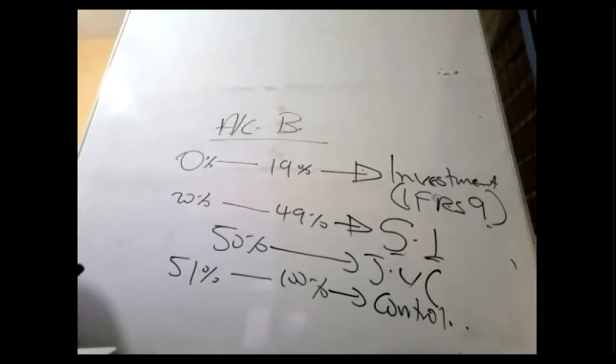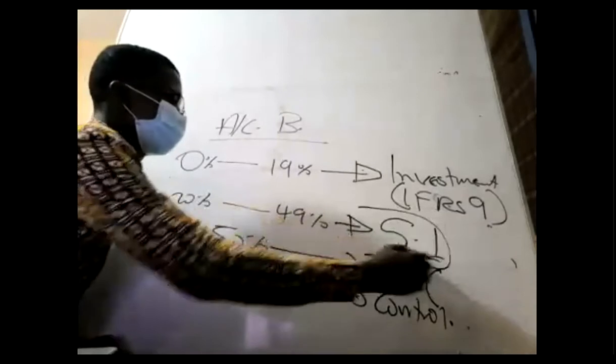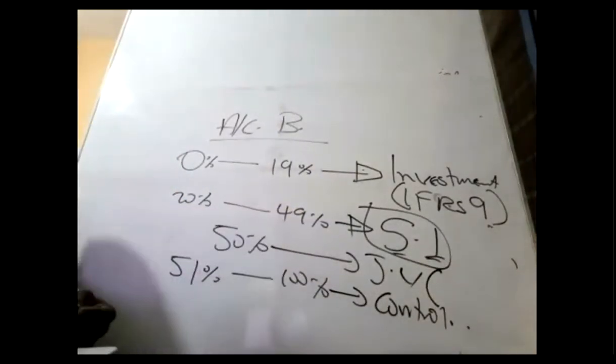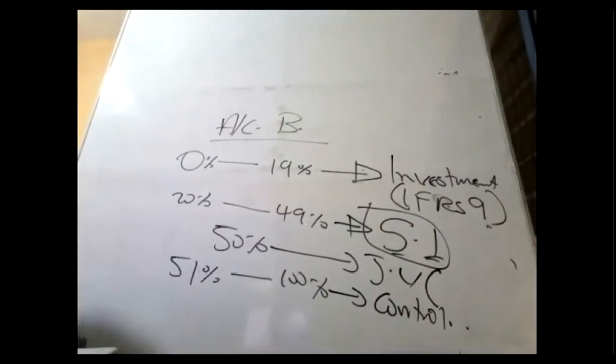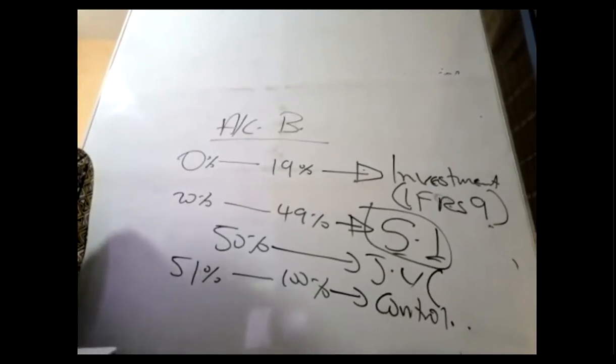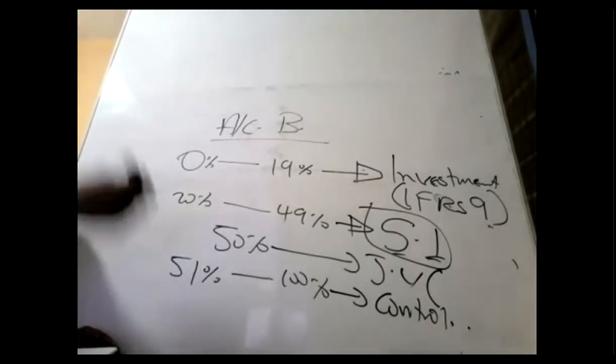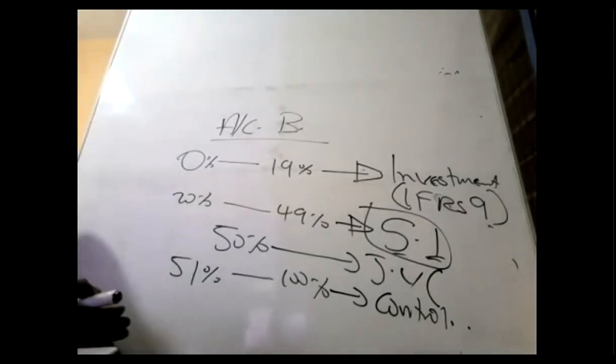Good. So that's control. Now, significant influence means you can influence the decision, but you cannot make impact. There's a difference between the one who has the power to make policy and the one who can influence the policy.